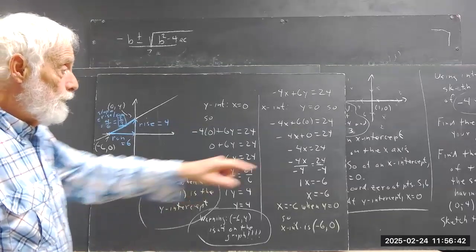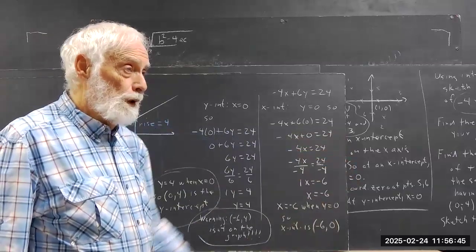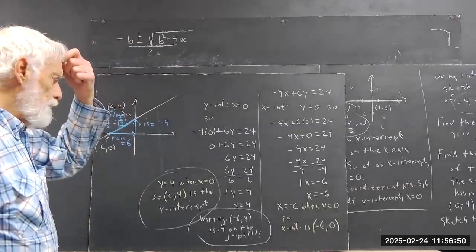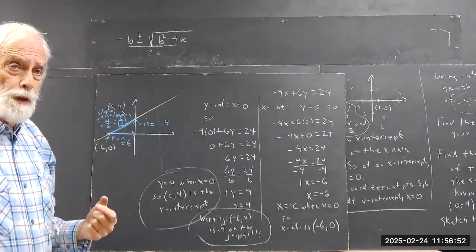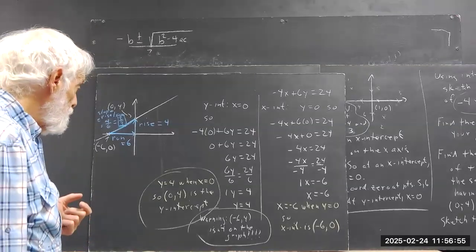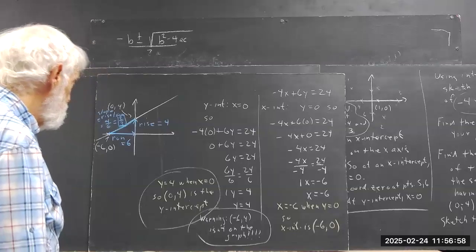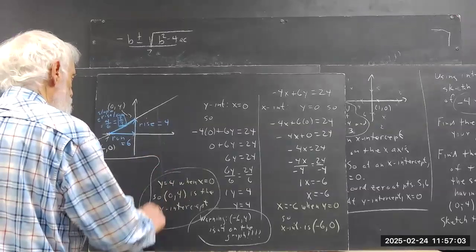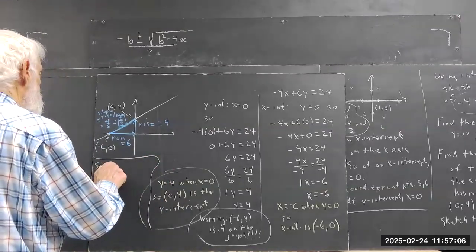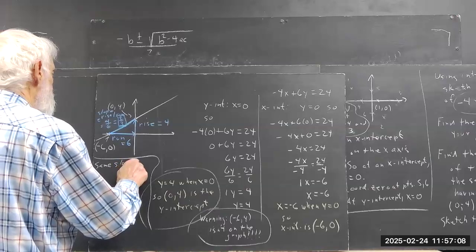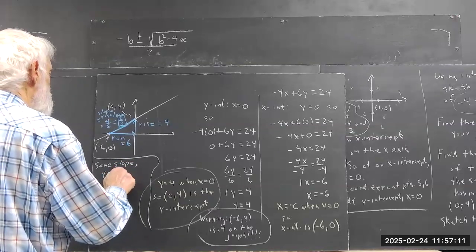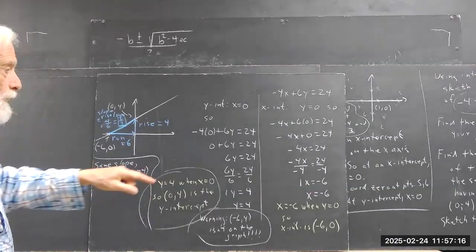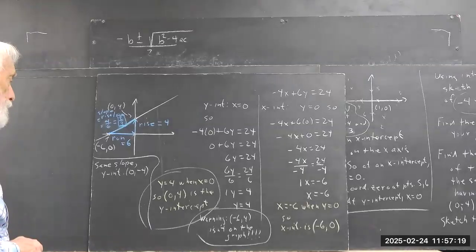Now, we want to find the equation of the line with the same slope having y-intercept 0, -4. Well, I think that the homework that everybody seems to have done pretty well on involved the slope-intercept form. So the same slope, y-intercept 0, -4.